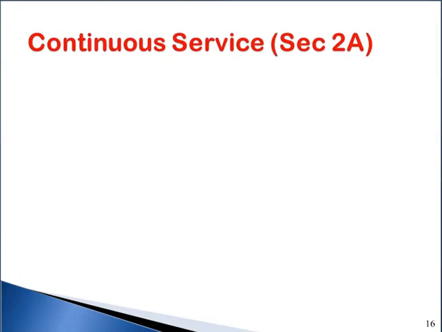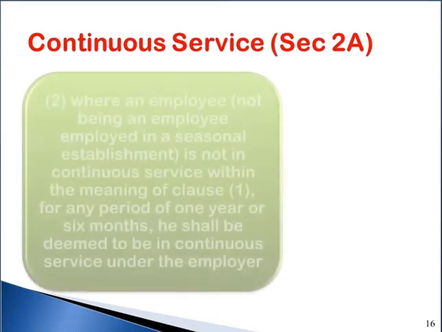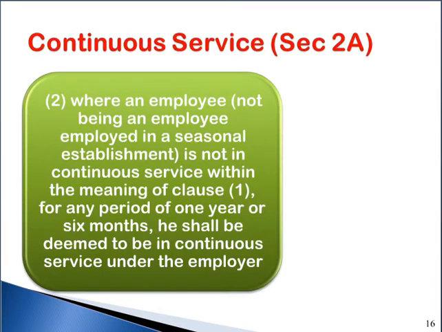The next important part of the definition of continuous service is where an employee, not being an employee employed in a seasonal establishment, is not in continuous service within the meaning of clause 1 as discussed in the previous slide, for any period of 1 year or 6 months.